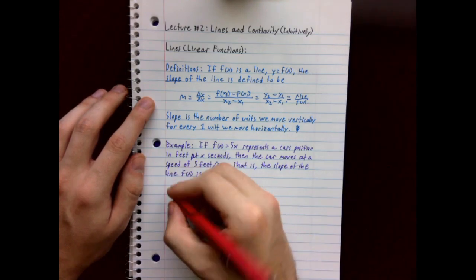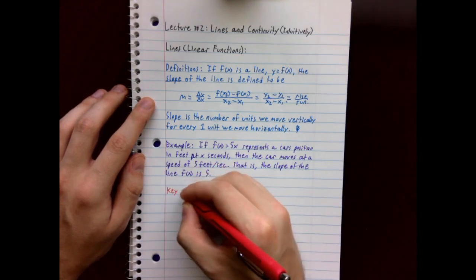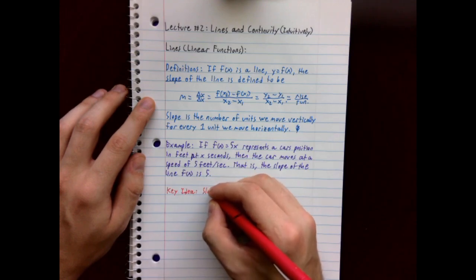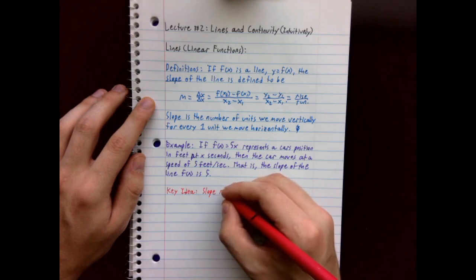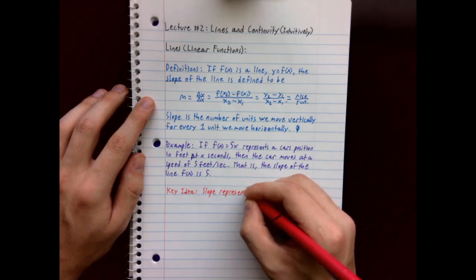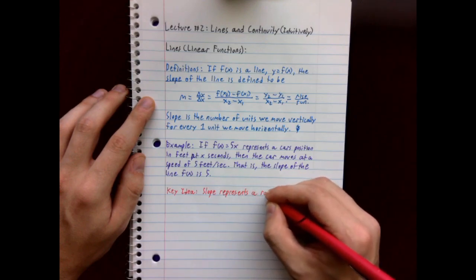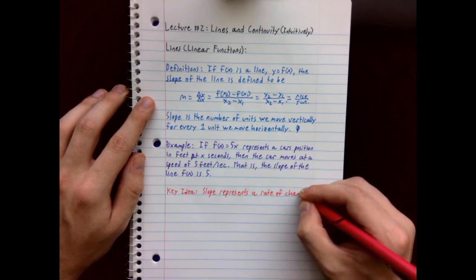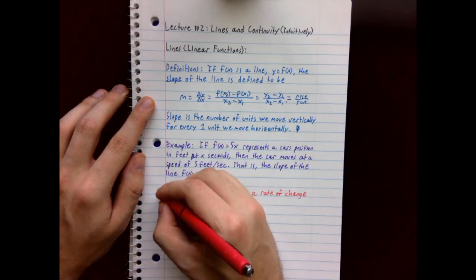Okay? And the key idea: slope represents a rate of change. And we'll put a star next to that.